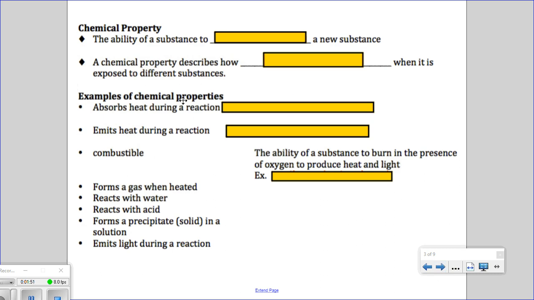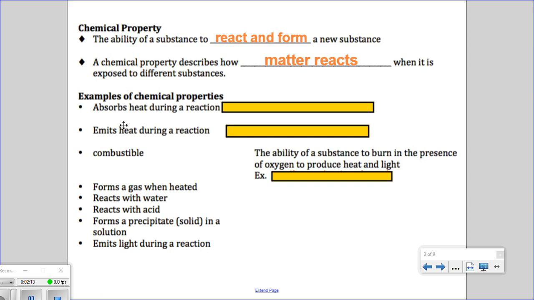With chemical properties, this refers to the ability of a substance to react and form a new substance. So with a chemical property, you'll take one substance and turn it into a different substance. A chemical property describes how matter reacts when it is exposed to different substances.